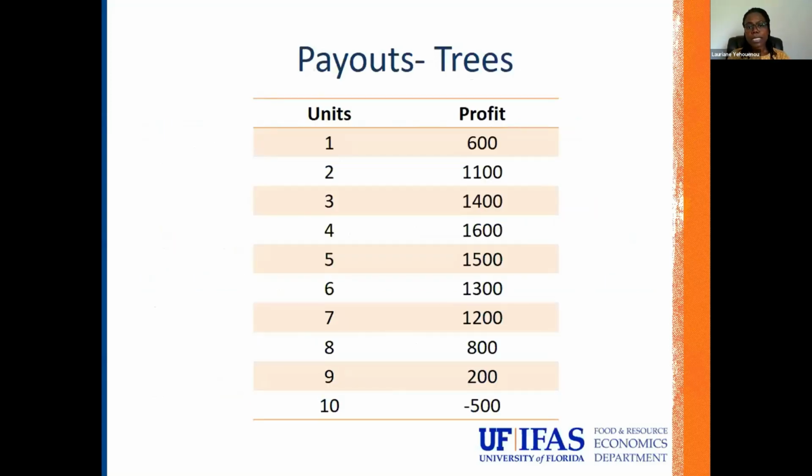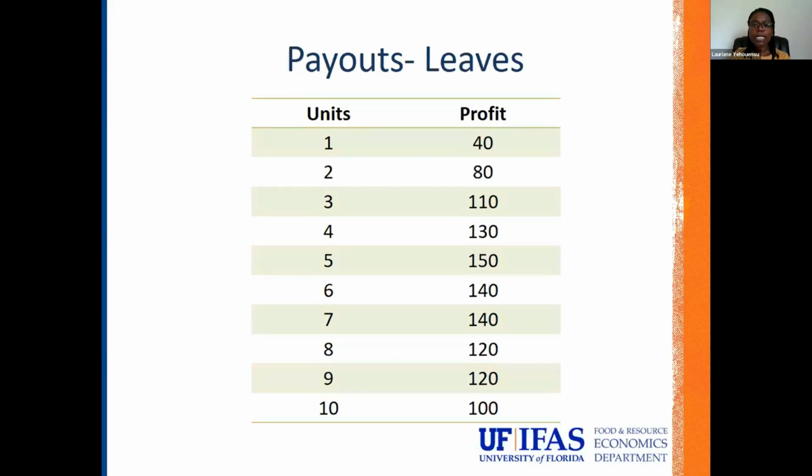Students are presented with this payout for the trees, where they maximize at 4 units of trees harvested and then it slowly decreases. They are also presented with this payout for the leaves, where the maximum is at 5 units and it slowly decreases until 10, the maximum they can harvest.